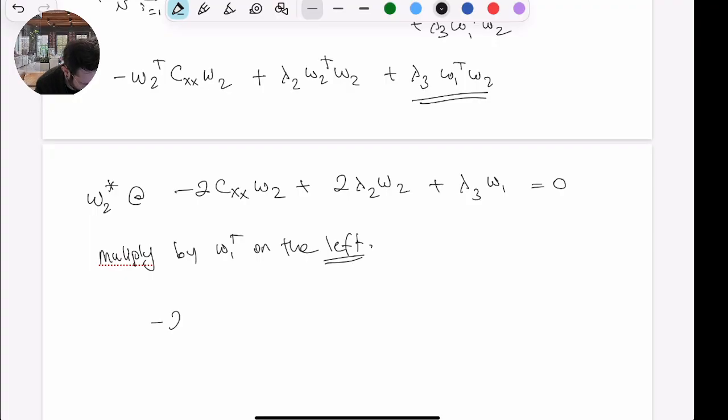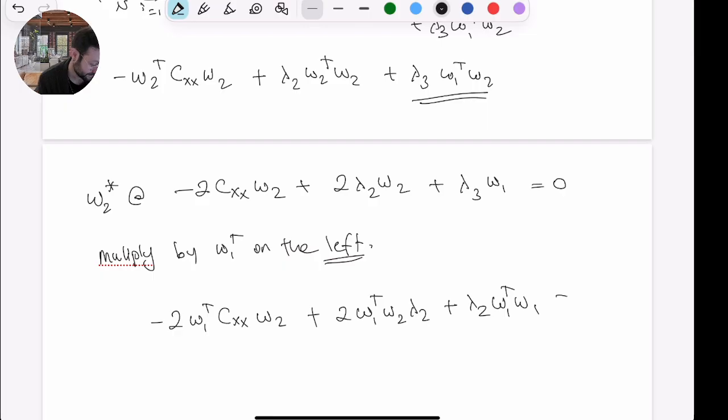So I will have negative 2 W1 transpose CXX W2 plus 2 W1 transpose W2 lambda 2 plus lambda 3 W1 transpose W1, which is equal to 0.